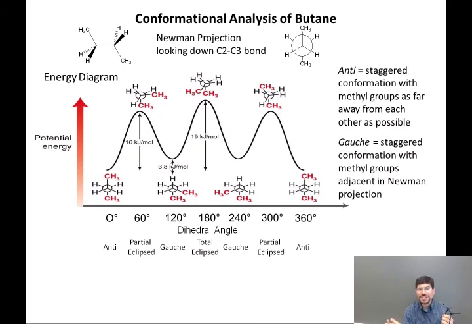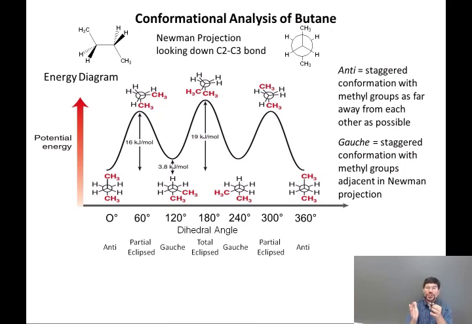Even though I like to use these terms, I'm going to admit that they're somewhat of a misnomer, because in both of these conformations, the bonds are completely eclipsed. But I call the highest energy conformation, the 180-degree conformation, totally eclipsed, because not only are the bonds eclipsing each other, but the methyl groups are eclipsing each other also.